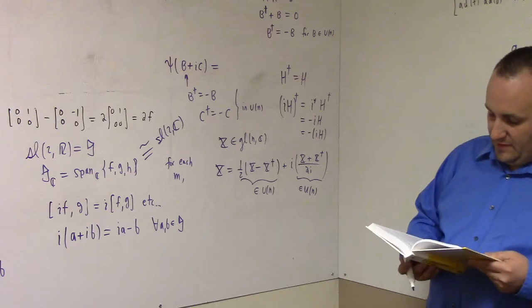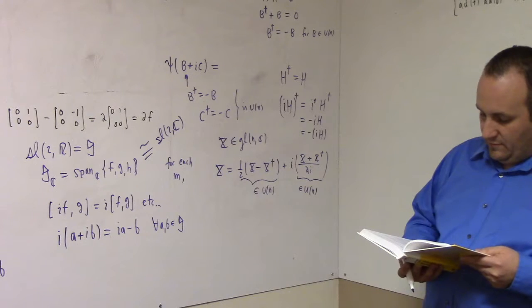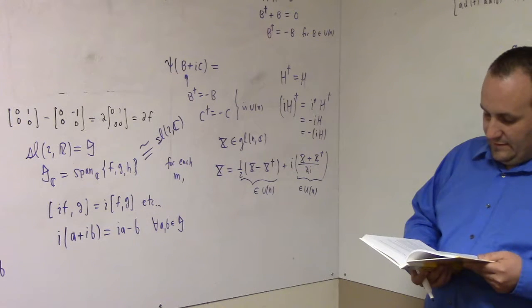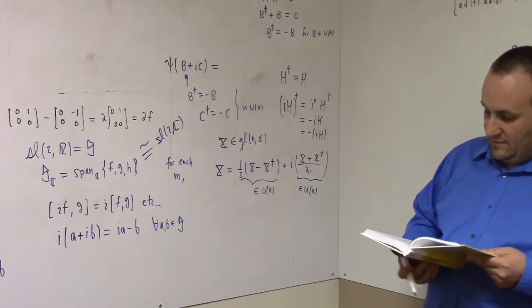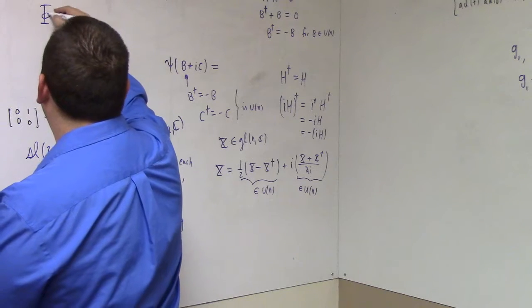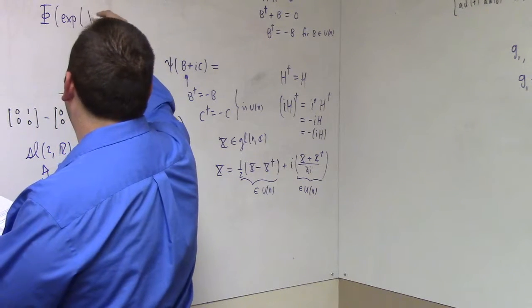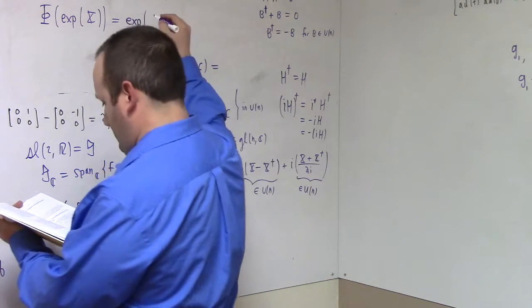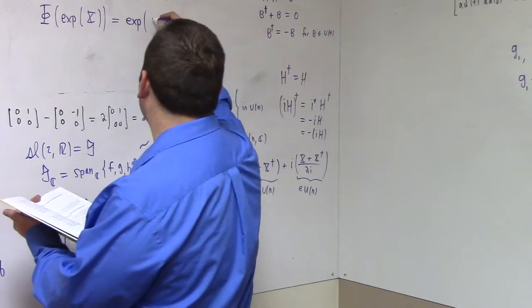The critical result is this: if you have G and H matrix Lie groups with Lie algebras g and h, and suppose G is simply connected, then if you have a Lie algebra homomorphism little phi, there exists a unique Lie group homomorphism big phi such that big phi of the exponential of X is equal to the exponential of little phi of X.